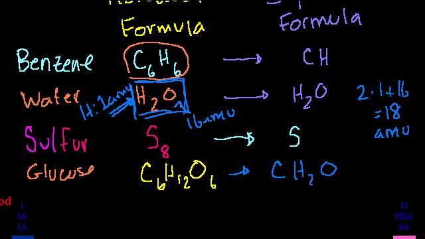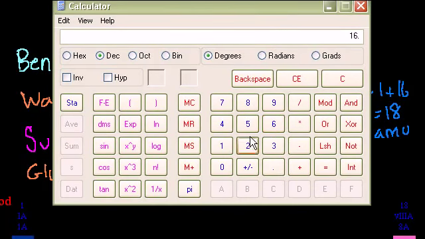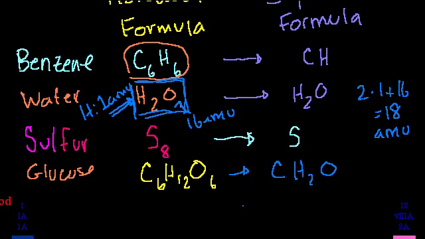So 16 divided by 18 is, rounded, 88.9% oxygen. So most of water is oxygen.